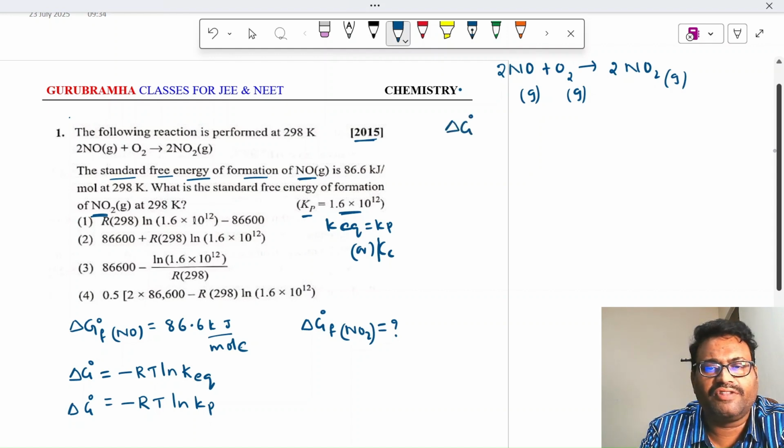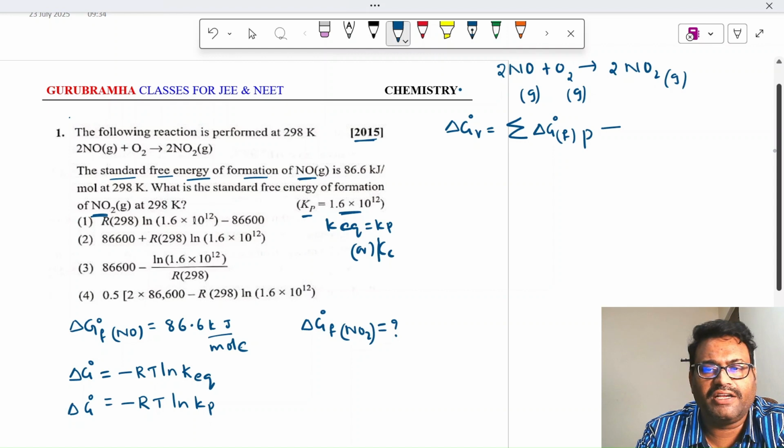Delta G naught of the reaction is equal to the sum of the delta G naught of formation of products, minus the sum of the delta G naught of formation of reactants. Here sum means if there are more than one reactant or more than one product, you have to add them.